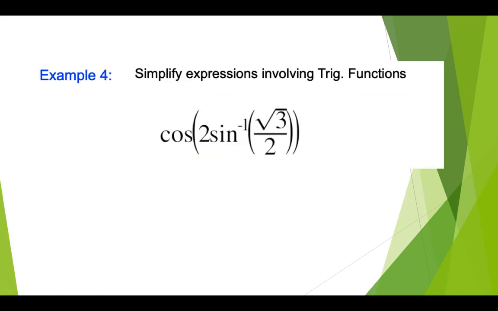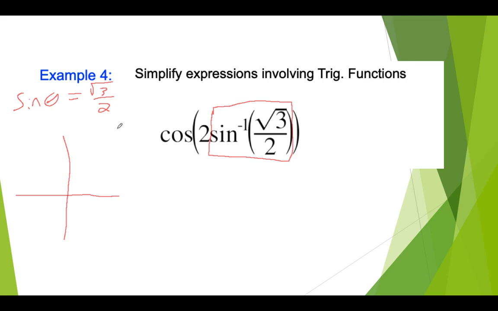Alright, let's do one final problem. Simplify expressions involving trig functions. I always start with the insides. Sine inverse first. We want to know what angle we plug into sine to get square root of 3 over 2. The domain for sine inverse is -90 to 90, so quadrant 1 or quadrant 4.